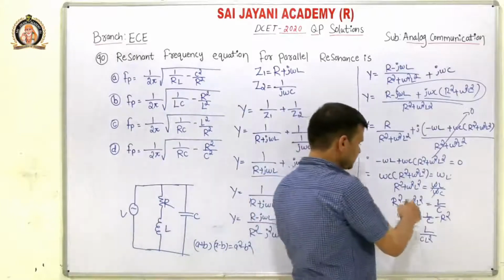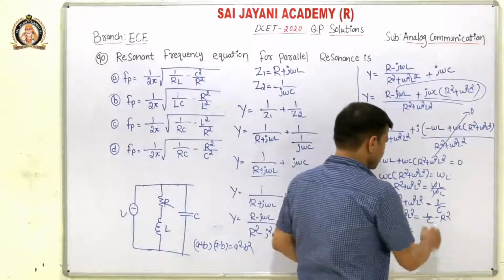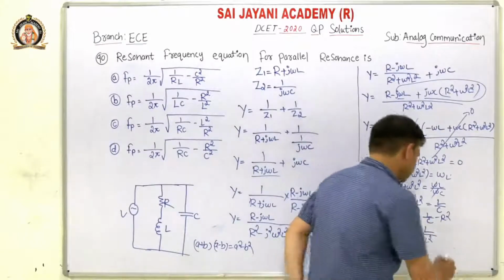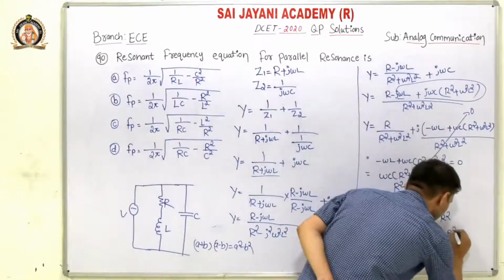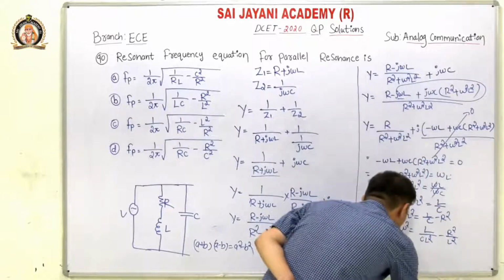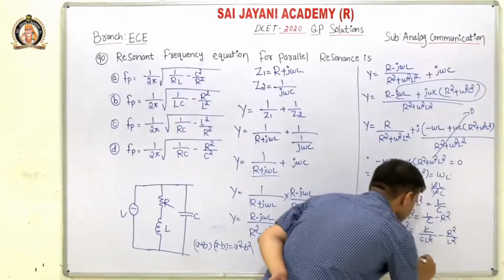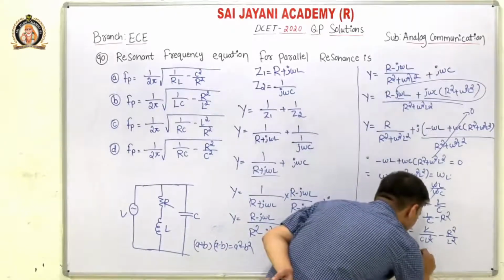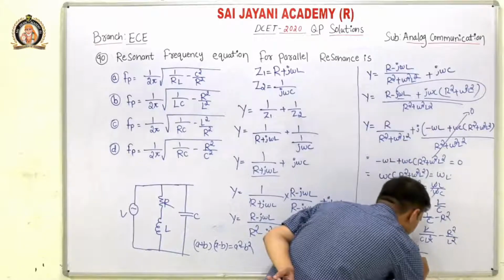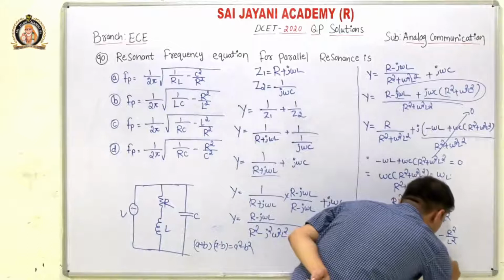We are taking L square from LHS to RHS, so it becomes (L divided by C minus R square) divided by L square. Then omega square is equal to L cancels each other, so we will get 1 divided by LC minus R square divided by L square.